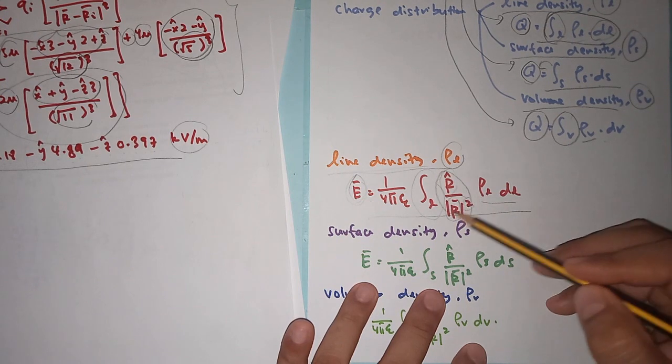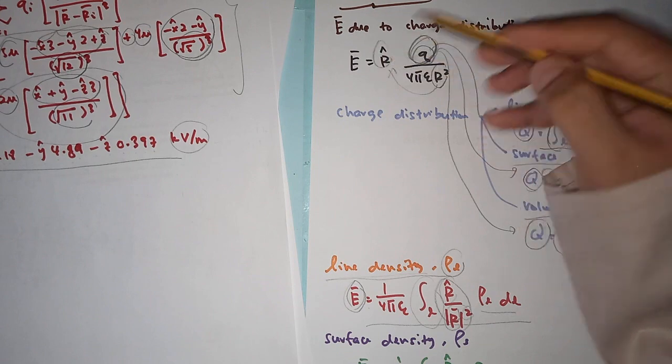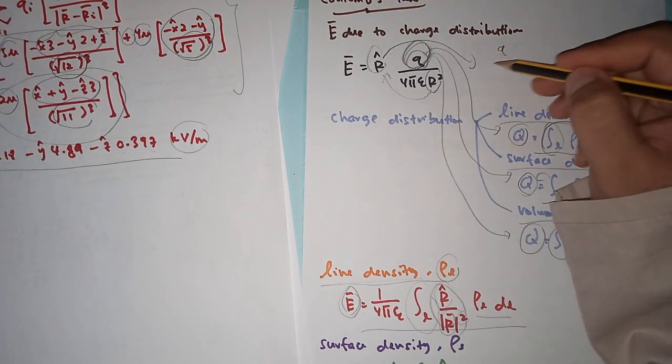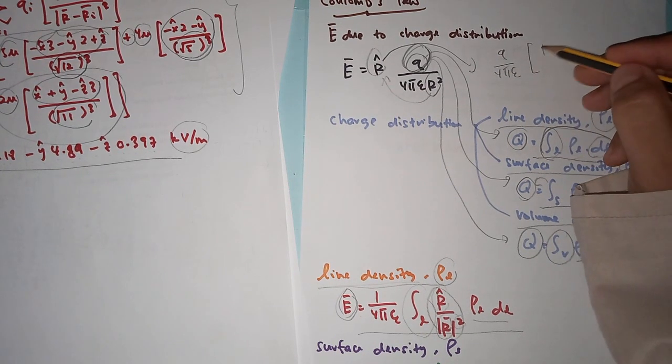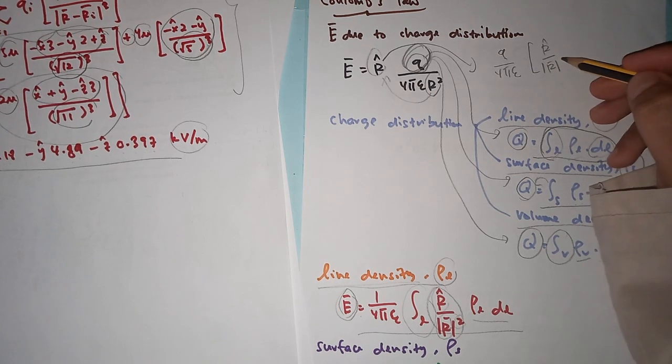This expression is like the expression that we had just now, and we can rearrange this formula to become Q divided by 4 pi epsilon, multiplied by r cap divided by the magnitude of r to the power of 2.